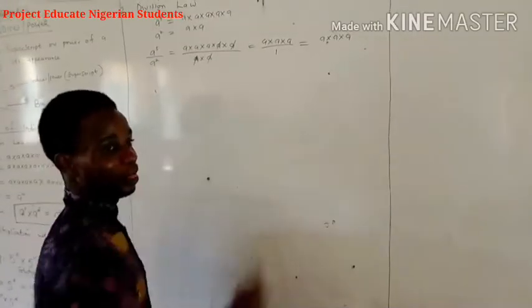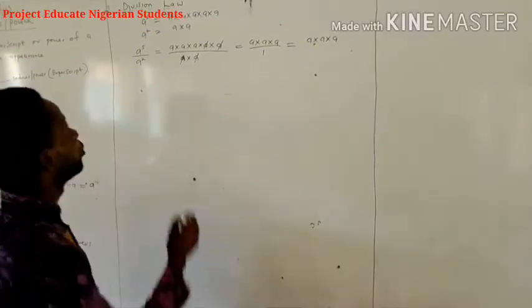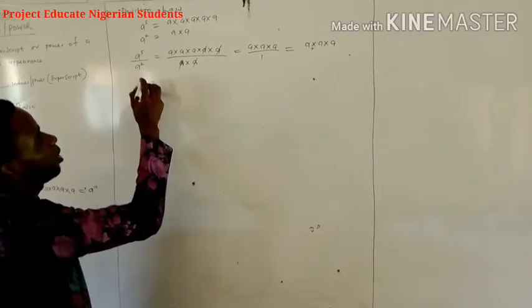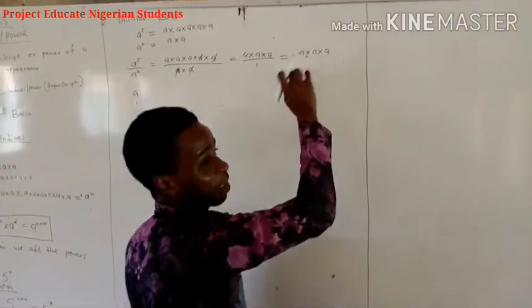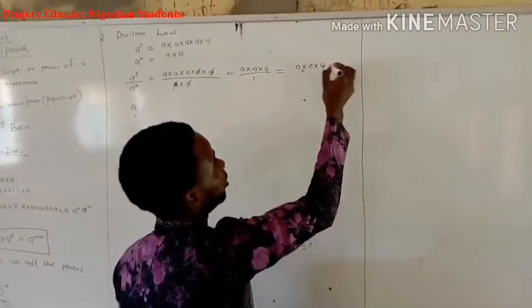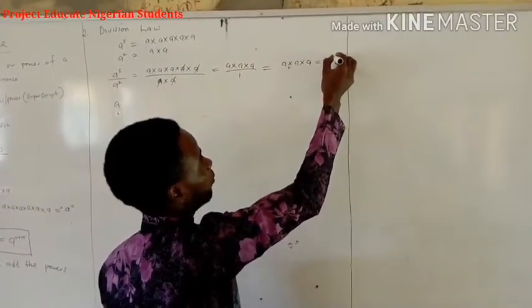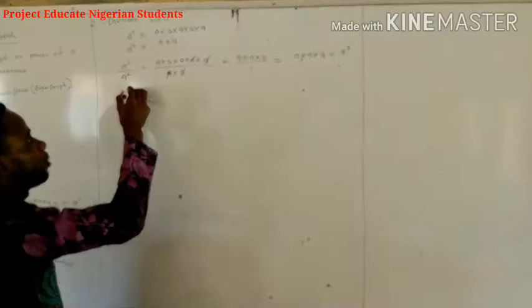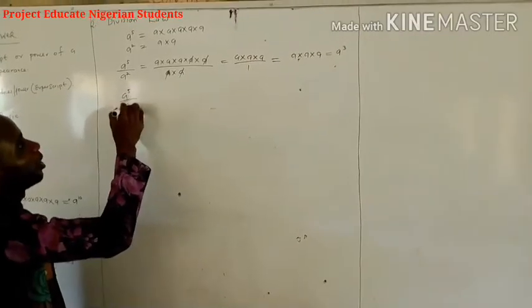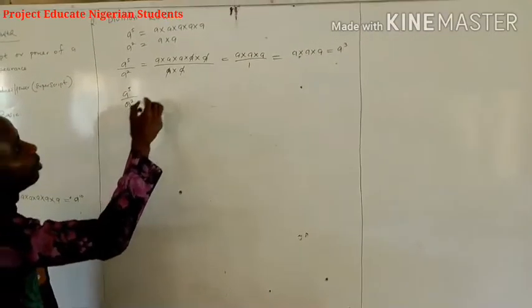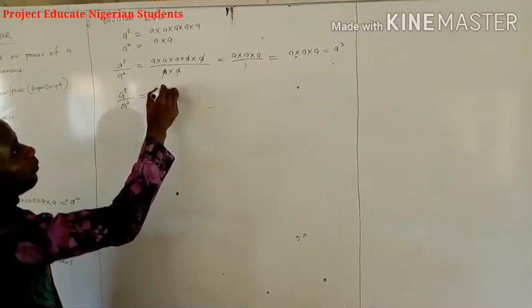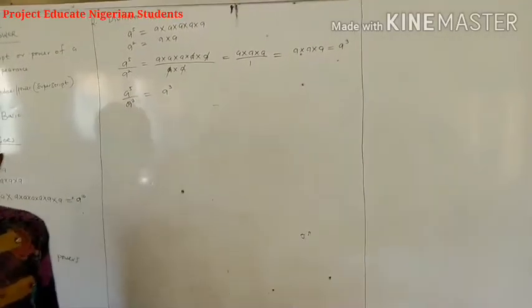Okay, let's represent this in index form. A times a times a is the same as a raised to power 3. So it means a raised to power 5 all over a raised to power 2 equals a raised to power 3. Okay, are we following?